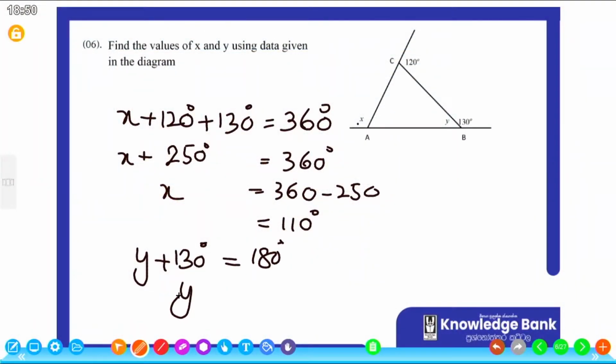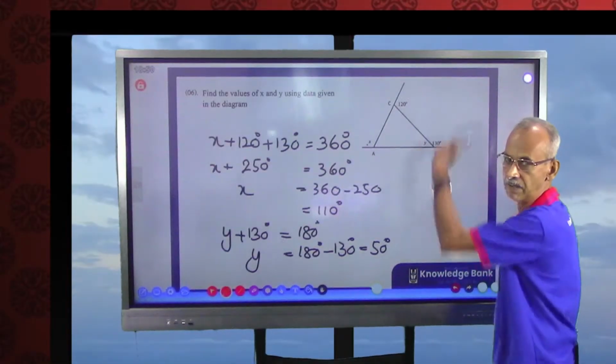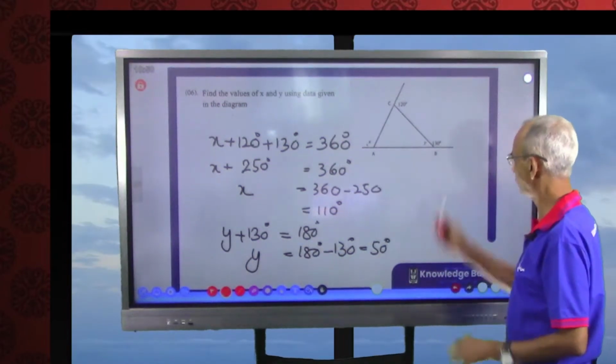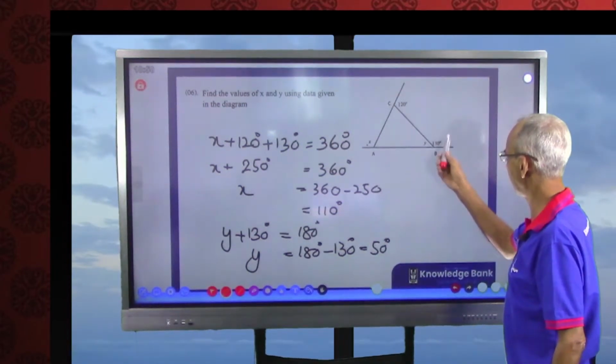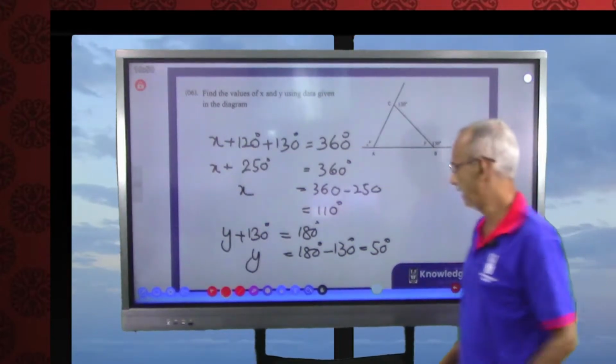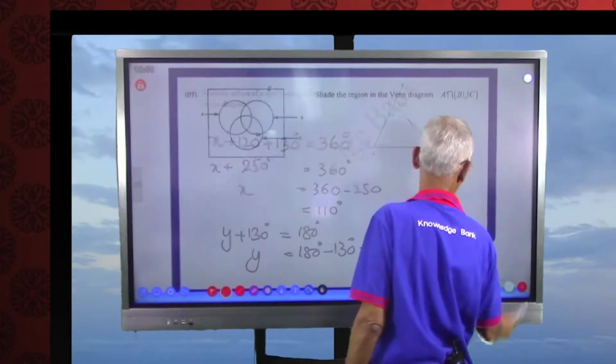Therefore, y is equal to 180 minus 130, which is 50 degrees. Now, you can see what the method is. First, I used the theorem that the exterior angles of a polygon add up to 360 degrees. And the next one, I used that the sum of the angles on a straight line adds up to 180 degrees. Okay, then let's move to the next question.